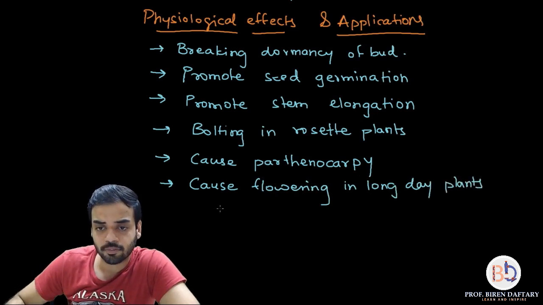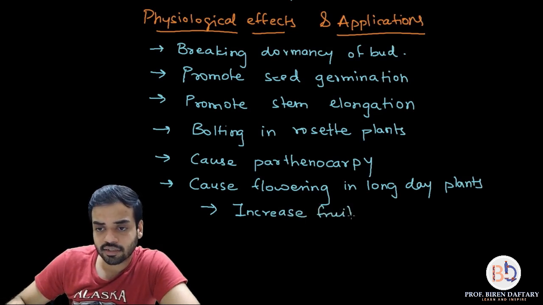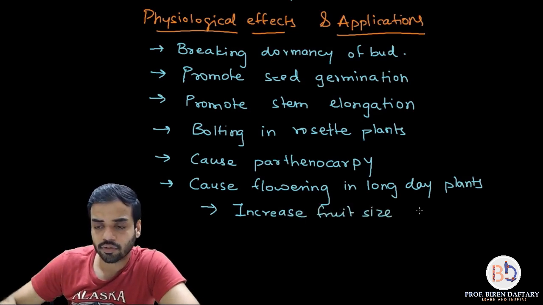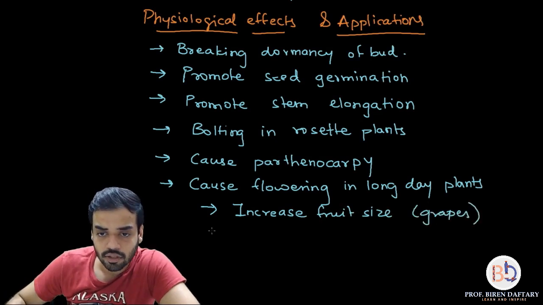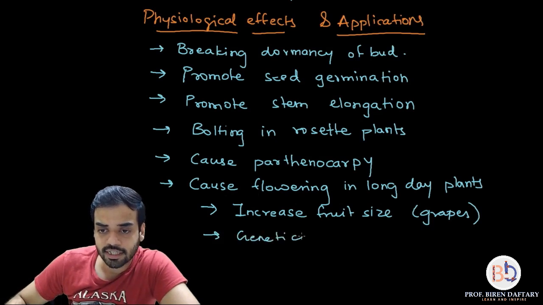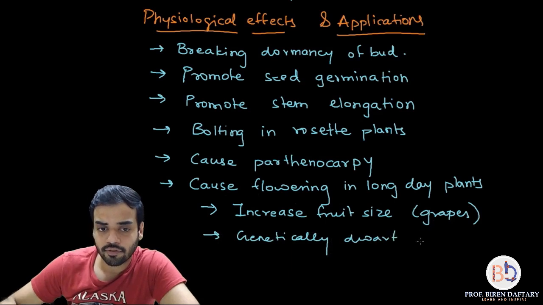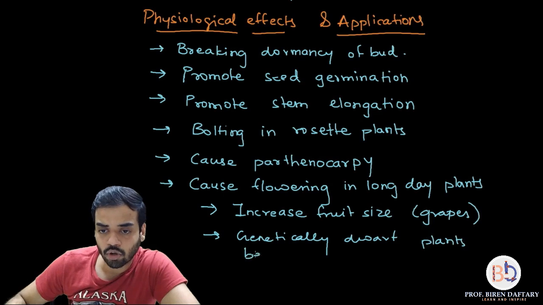The next point is that they increase fruit size, for example in the case of grapes. Then genetically dwarf plants become tall when gibberellins are used.